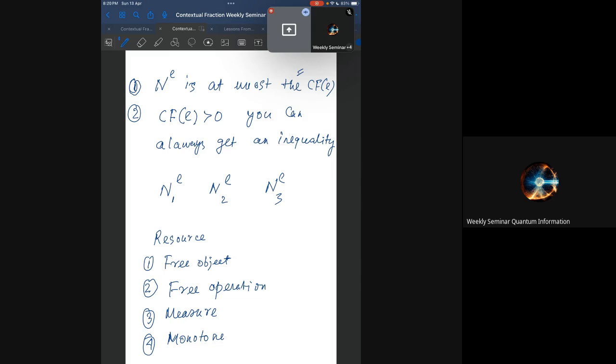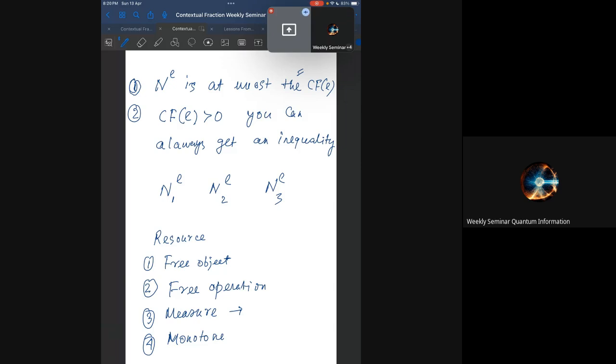What is the difference between measure and monotone? You can produce some measure of entanglement that is maybe good for some scenario, but later you see that this measure is not always non-increasing under free operations. So that measure is not a monotone. That is why I separated measure and monotone. Some non-monotonous measure, yes.